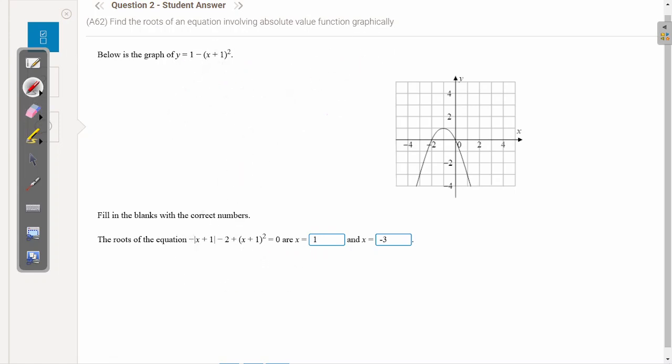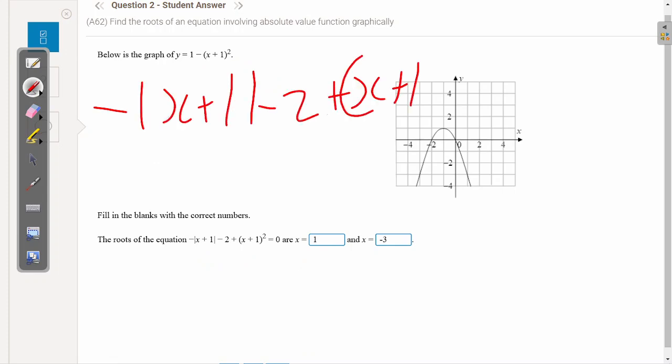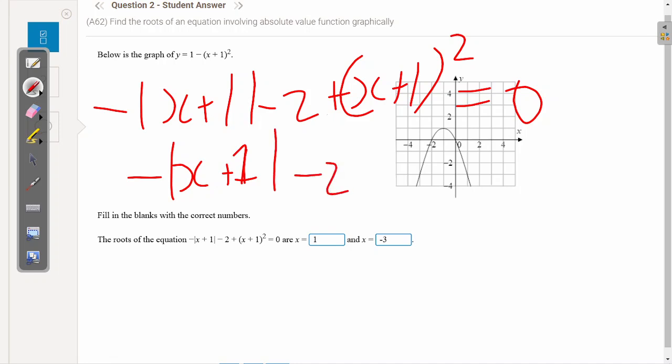So okay, wait. Negative (x plus 1) squared minus 2 equals 0. We said we want to isolate the (x plus 1) squared, so let's move it to the other side. Negative (x plus 1) squared minus 2 equals negative (x plus 1) squared.